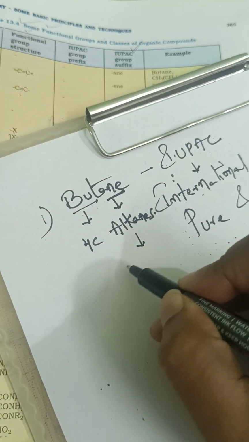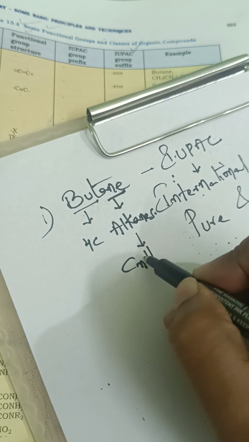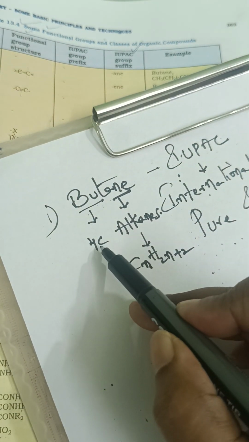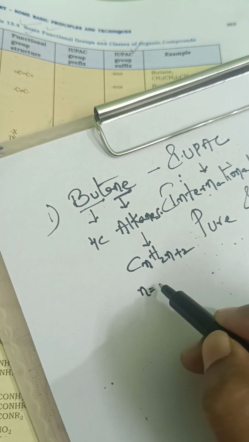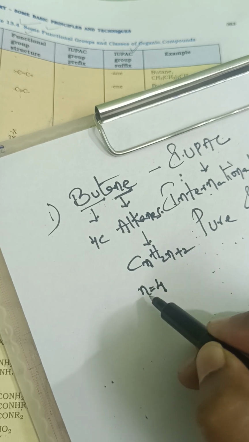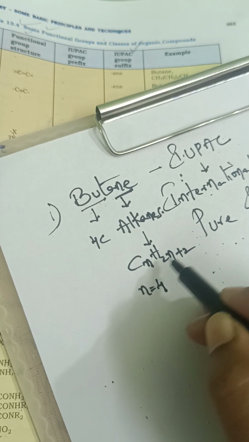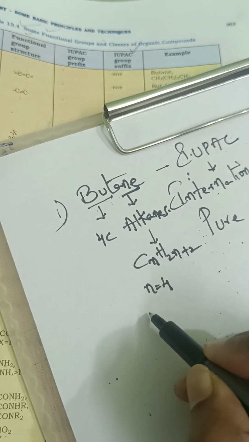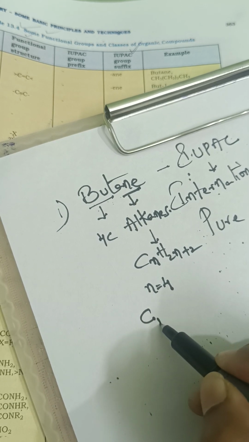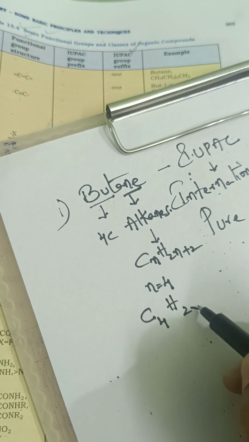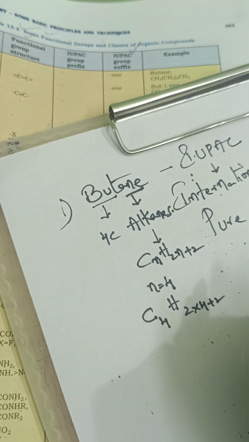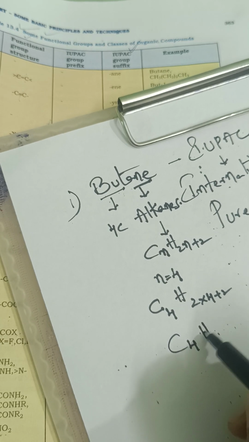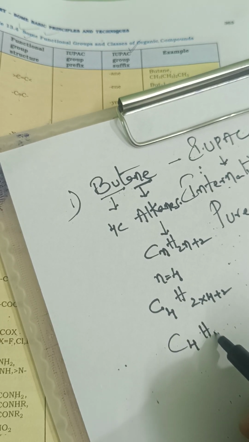As you already know, the general formula for alkanes is CnH2n+2. Here 4 carbons are there, so the value of n is 4. If you substitute n equal to 4, you will get the formula: C4H(2×4+2), that is C4H10.